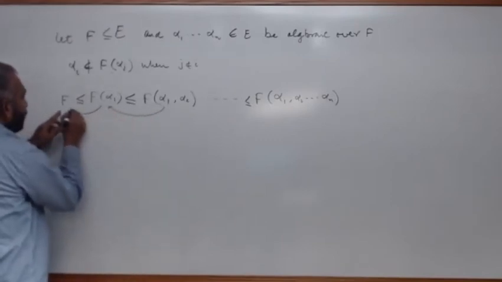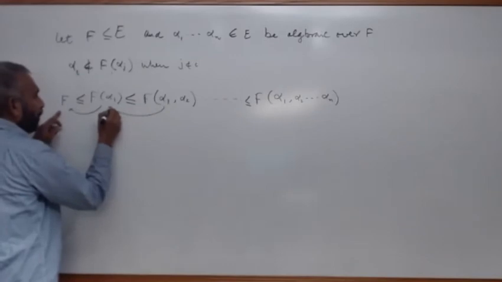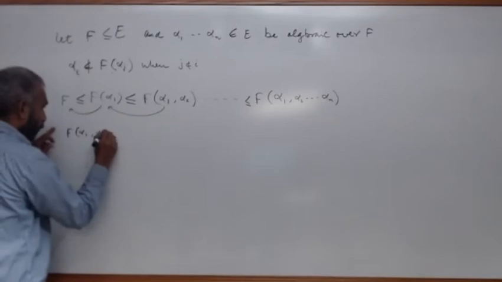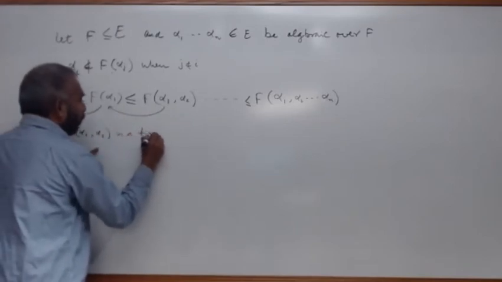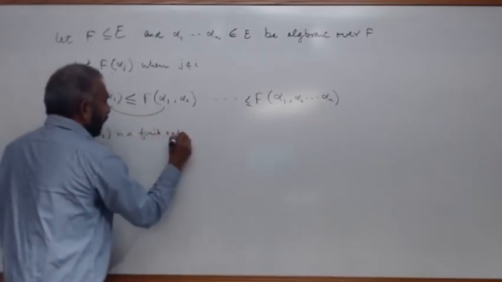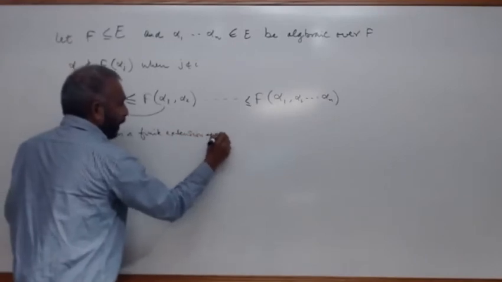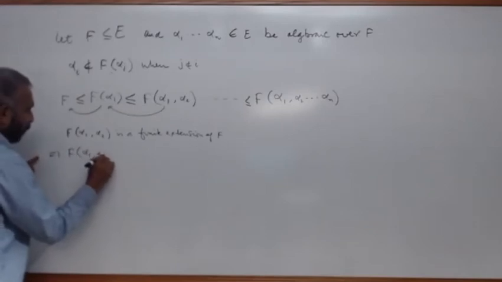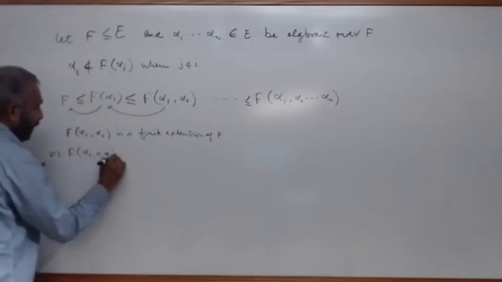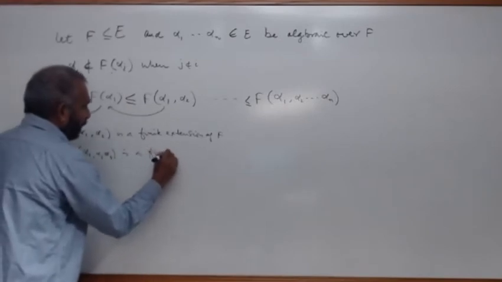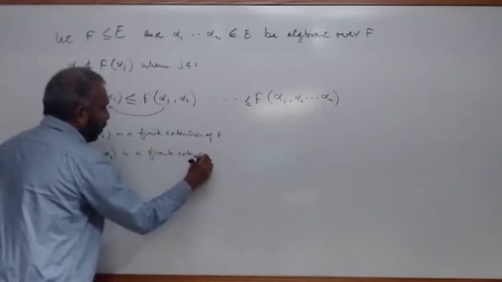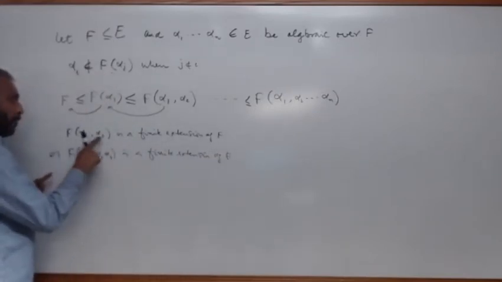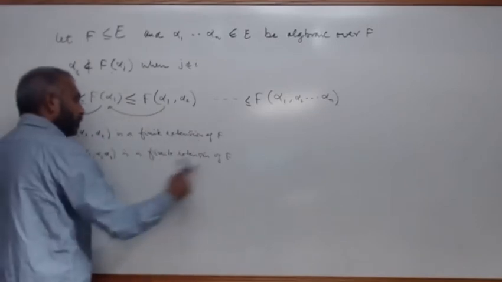If this is a finite extension of this and this is a finite extension of this, then that means F of alpha 1 comma alpha 2 is a finite extension of F. And that implies F of alpha 1 comma alpha 2 comma alpha 3 is a finite extension of F, because this is going to be a finite extension of F of alpha 1 and alpha 2, which is a finite extension of F, so this is true.